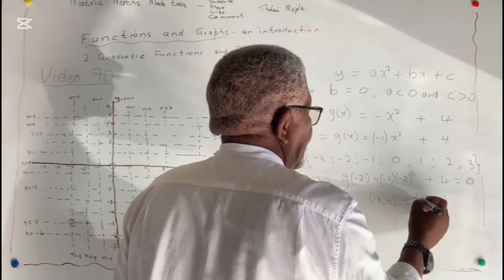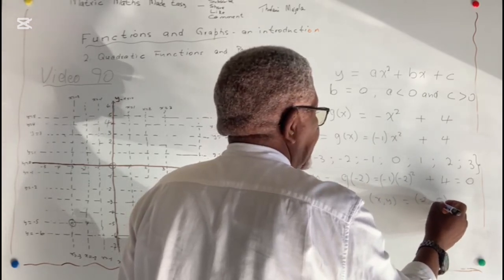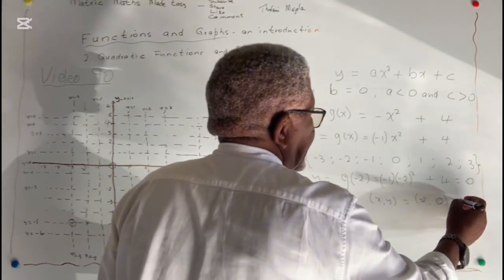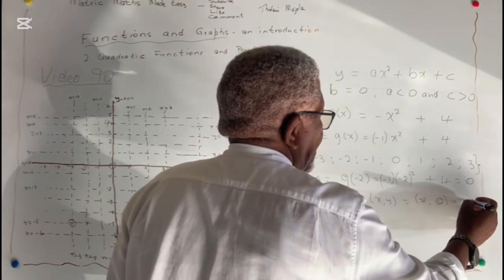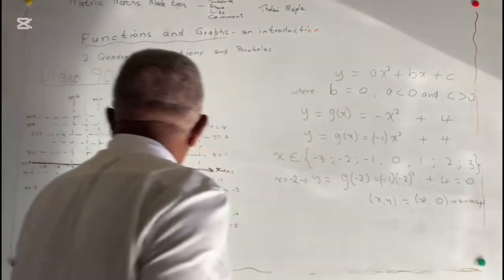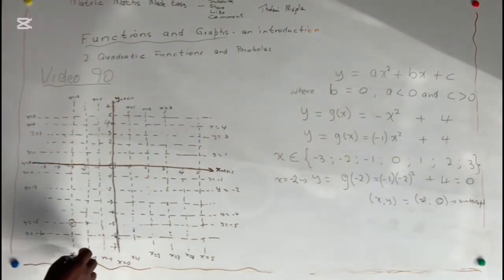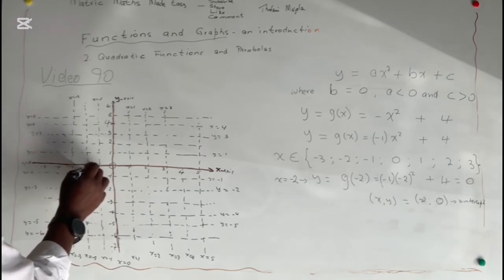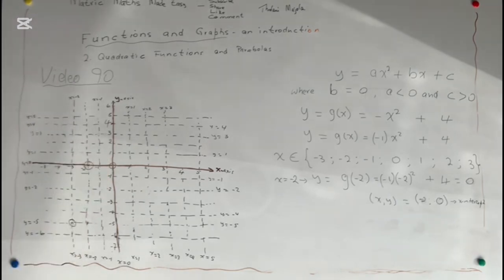When x is negative 2, y is 0. We know that when y is 0, this is your x-intercept. Whenever y is 0, look at your x-intercept. So where is this point? x is negative 2, y is 0, so this is our x-intercept. You can just throw a line here joining there.